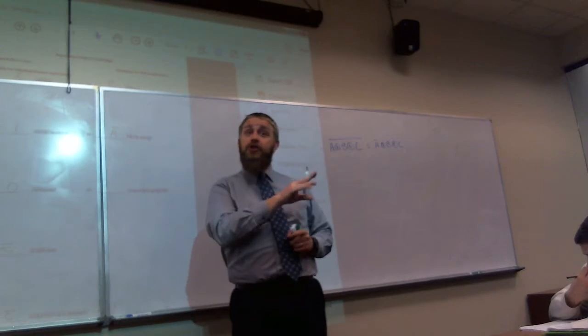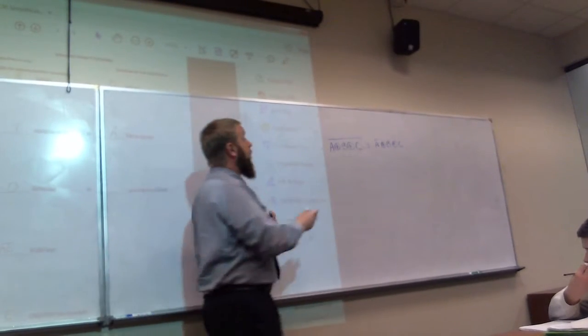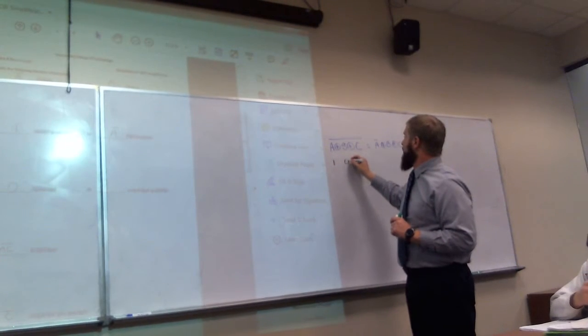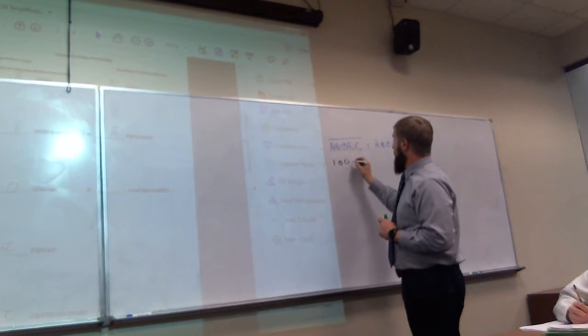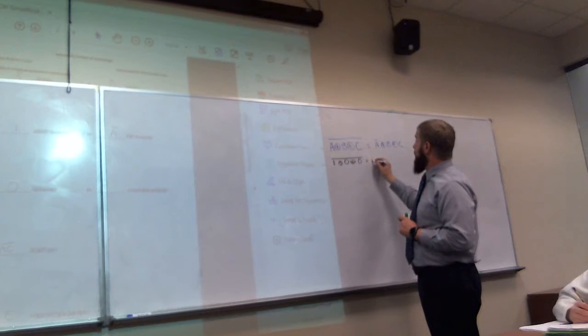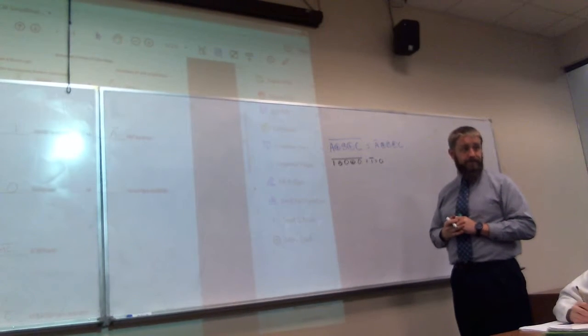And in general, when you have more than 1, it's even or odd, right? So if you had, say, 1, 0, 0, XOR, XOR, that would be true. Therefore, the not of that would be false.